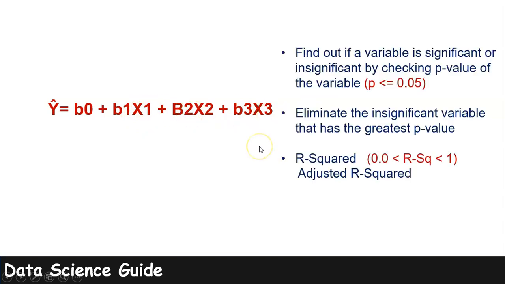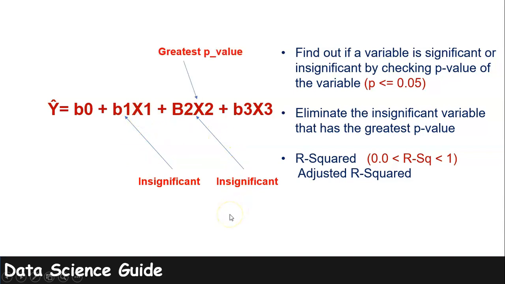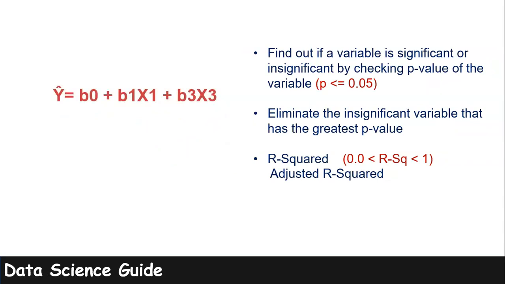Let's take the same example, where we start first with all the variables, x1, x2, and x3. We run the regression model and test these values, and we found that two variables are insignificant, x1 and x2. But the p-value of x2 is the highest one. So we remove x2 from our regression model and run it again.